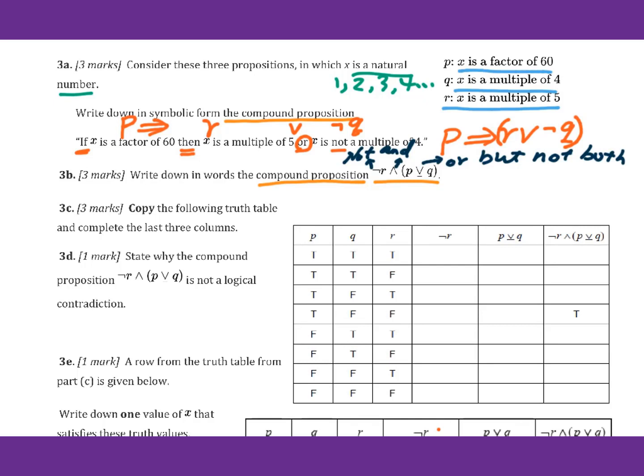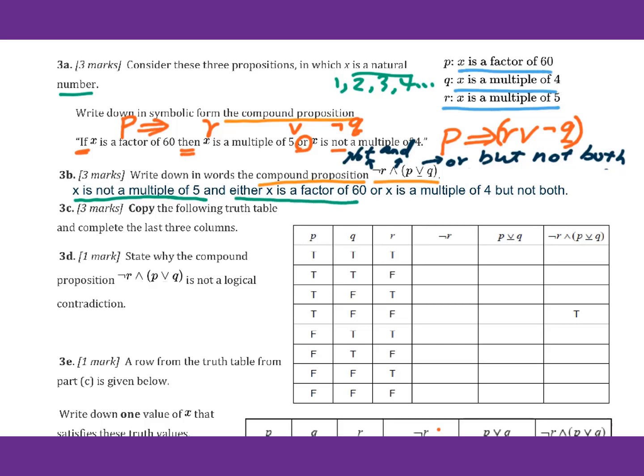When you see or, but not both, you can use either, or, but, not both. So we can write down x is not a multiple of 5, and either x is a factor of 60, or x is a multiple of 4, but not both.